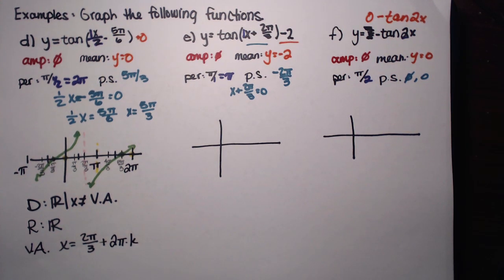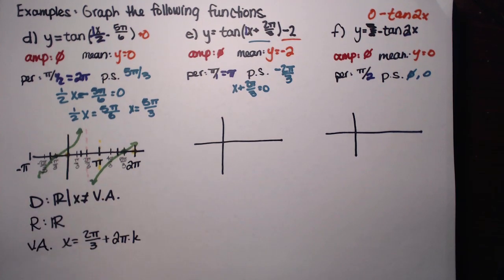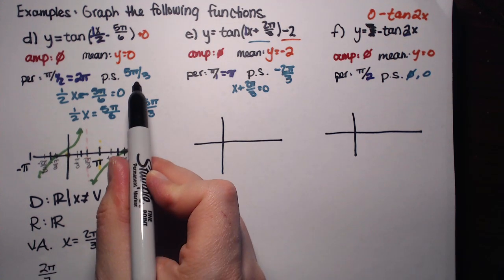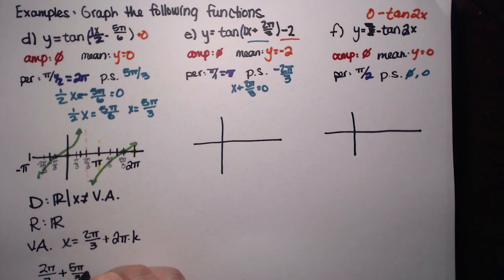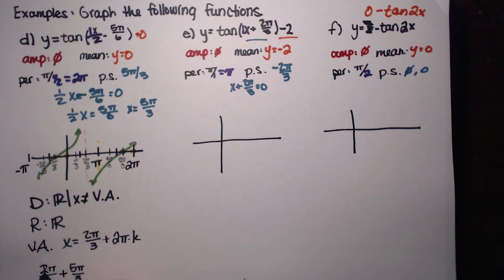Now if I looked at taking the period and cutting it in half, you can do it that way. So if I take 2 pi, cut it in half, I also have to adjust for the phase shift. And then I'll add the period from that. So this reduces, so I'm going to turn this into 3 pi thirds, and I get 8 pi thirds plus 2 pi k.